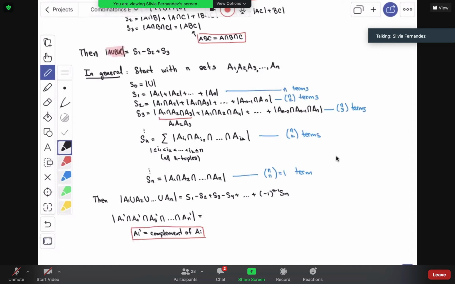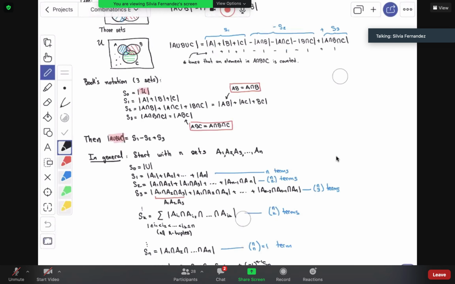So U is everything, and we're subtracting, so this is U minus the union. So everything that's outside in my Venn diagram.